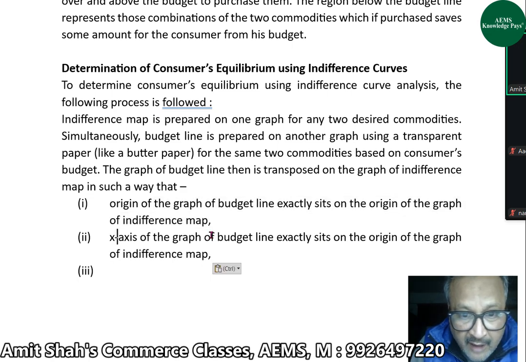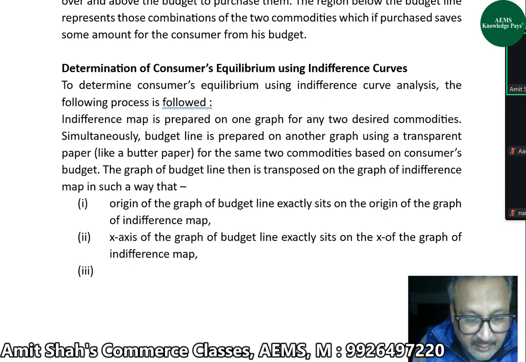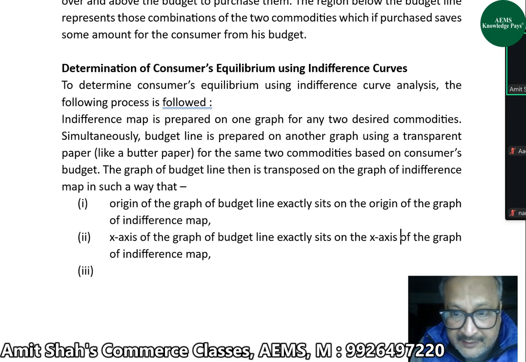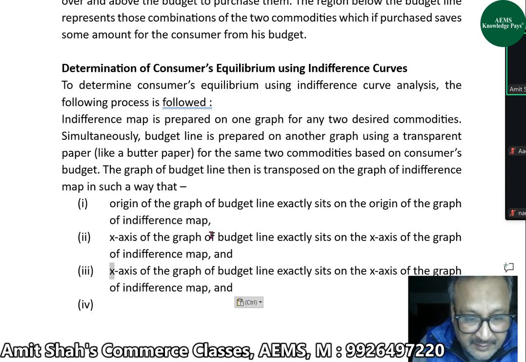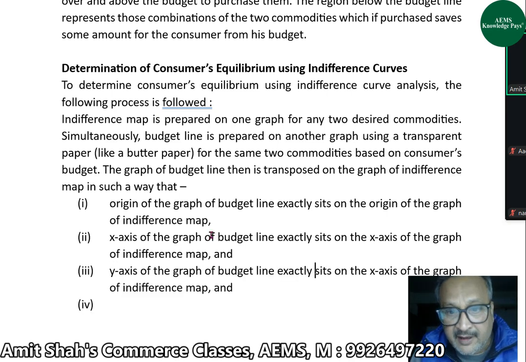The X-axis of the graph of the budget line exactly sits on the x-axis of the graph of the indifference map, and the y-axis of the graph of the budget line exactly sits on the y-axis of the graph of the indifference map.